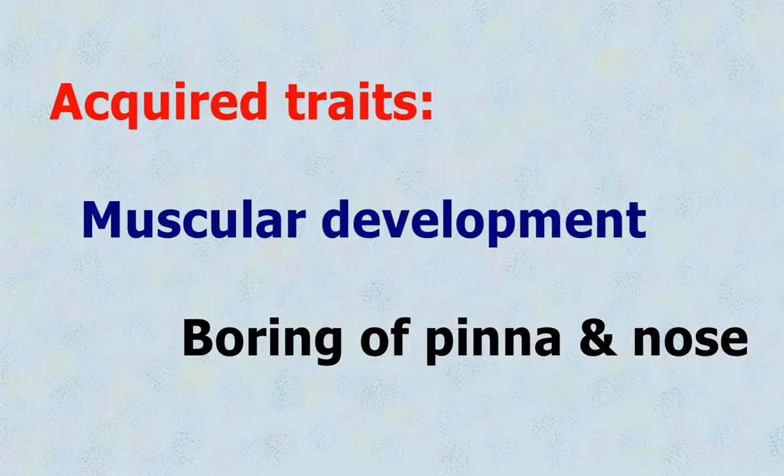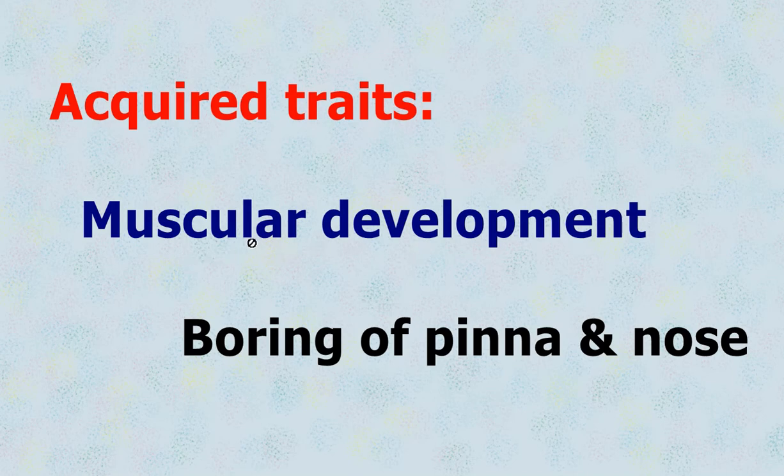There are a lot of examples of acquired traits. Let's discuss a couple of examples. For example, muscular development. You might have seen people going to the gym and doing heavy weight training over there. So if we undergo heavy weight training, then our muscles get developed. Muscle development is different in bodybuilders or in other people.